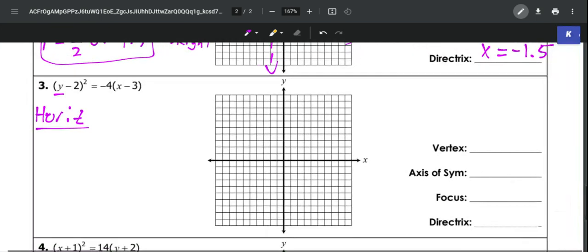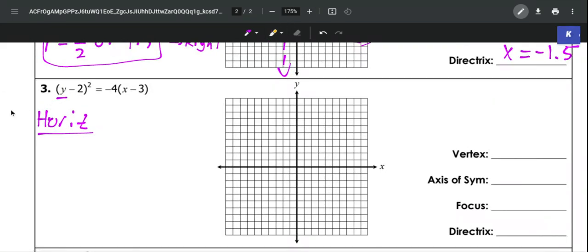Now, we're going to find the vertex. The vertex comes from what is in parentheses here with y and here with x. Just make sure that you notice that y is presented to us first. A lot of people would say that this vertex would be 2, 3, but that's not true because x has -3 with it.